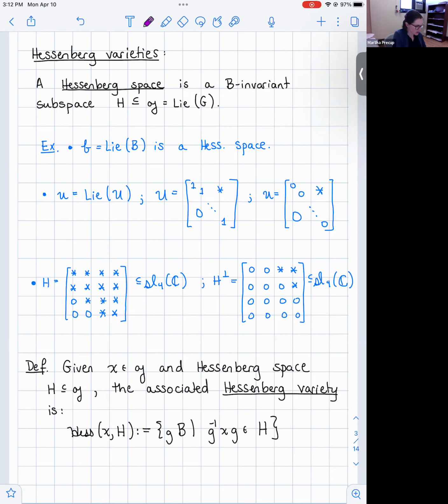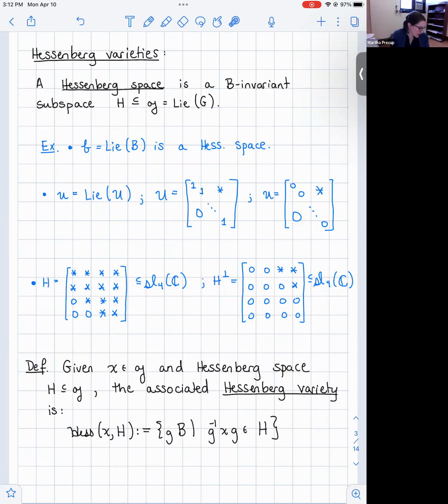So let's just get a concrete idea. Here's one case that we could always pick. We could always take the Lie algebra of the Borel subgroup, and that would be a perfectly good Hessenberg space because it will, of course, be invariant under the adjoint action of the corresponding group.